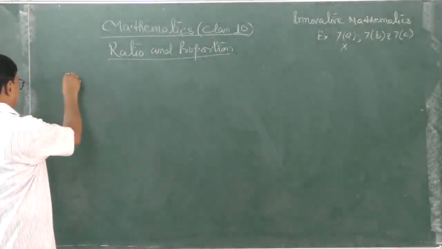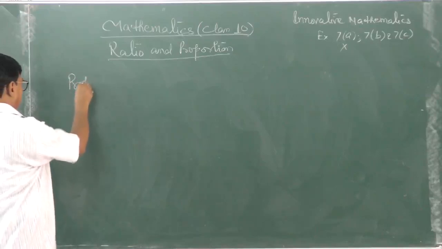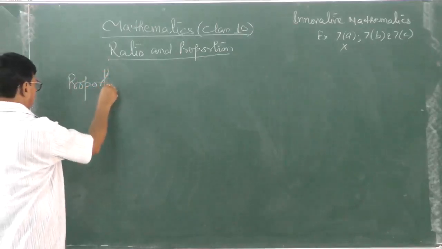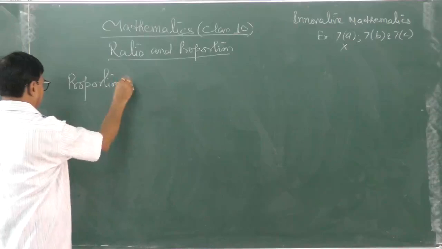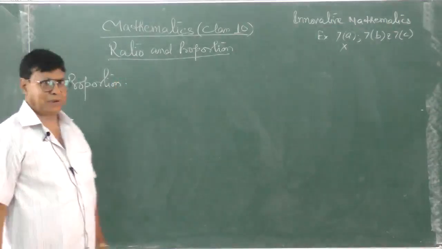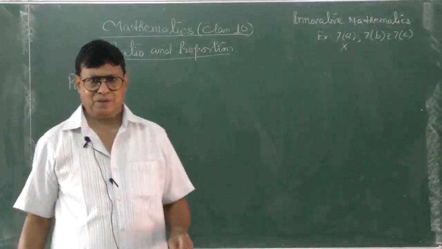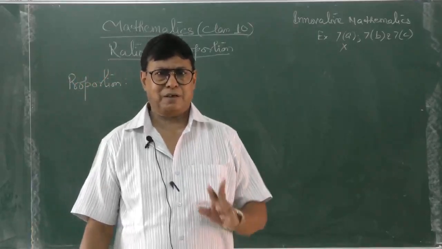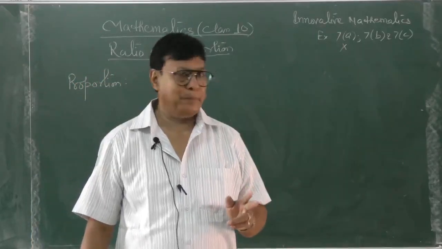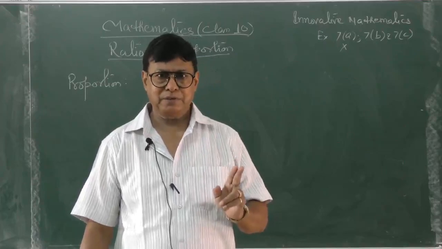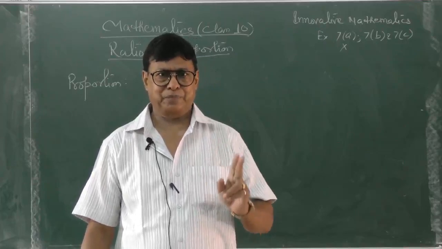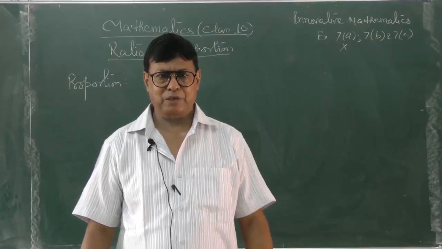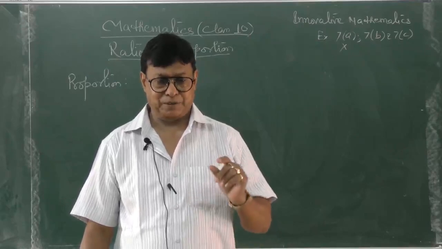So, you know what a ratio is. A ratio is a comparison between two quantities of the same type. What I mean by same type is having the same unit.